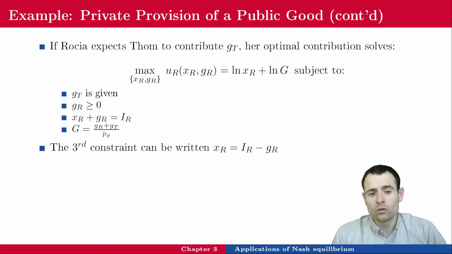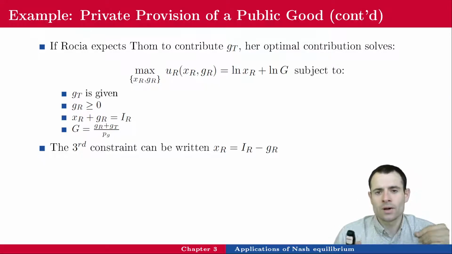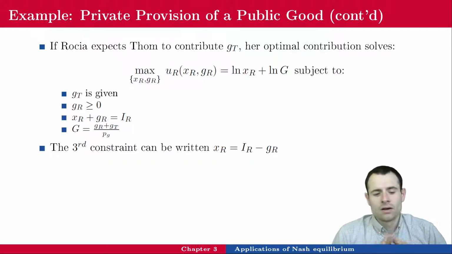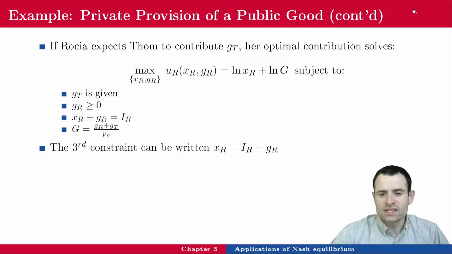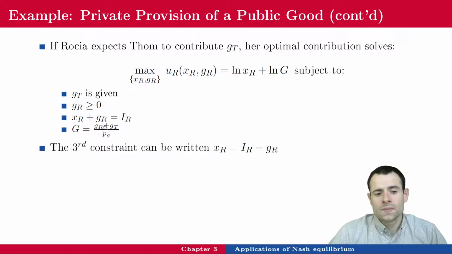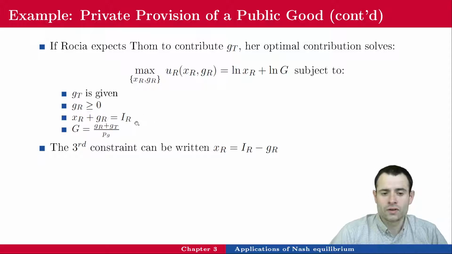There is one more constraint, 3 more, but 2 of them are not very important, and the last one is not a big deal, let's say. So what I'm going to do is get rid of this XR by using the third constraint, the budget constraint. With the budget constraint, I can compute XR is equal to IR minus GR, just by putting GR on the other side of the constraint.